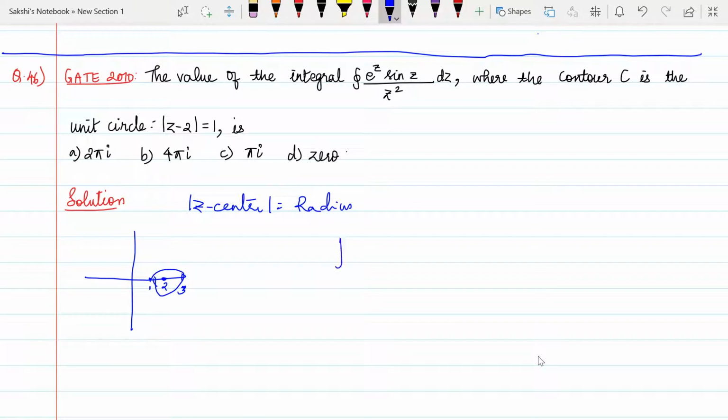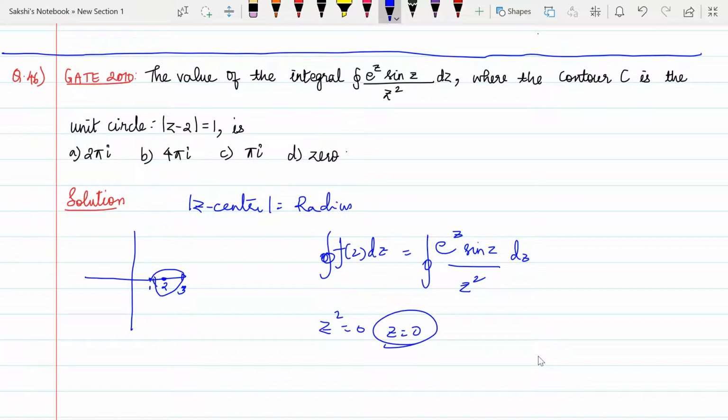Now let us write our function: f of z dz is equal to e power z sin z by z square dz. We have to find the pole by equating the denominator to 0. So z square will be equal to 0, z equal to 0 is the pole. If you see, z equal to 0 lies outside.